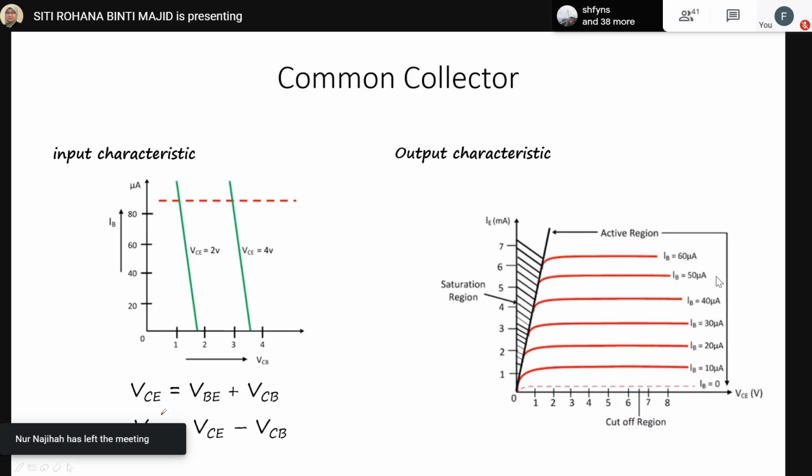So for the output characteristic of a common collector, we can draw it between IE and VCE at a particular value of IB. So you can see the difference between input and output, and it depends on the type of BJT configuration.